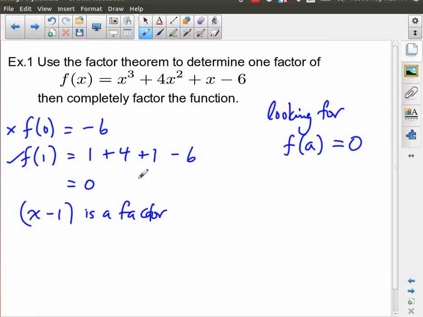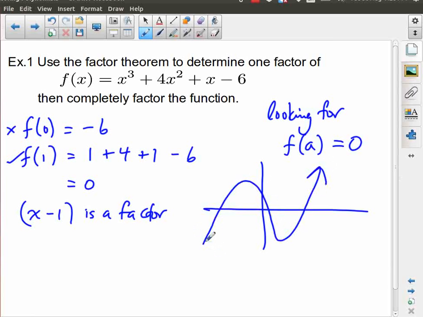For example, just off the top of my head, if I gave you a graph of this cubic, I might not put labels on the numbers here, but if you tried some numbers, you might get an idea of whether you are getting warmer or colder, getting closer or further away.